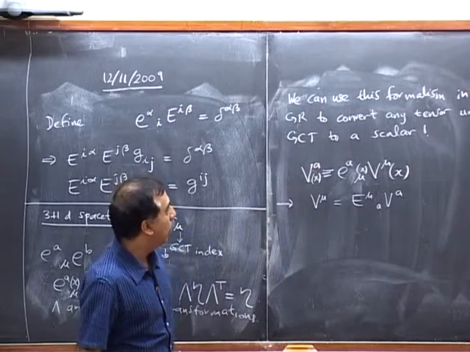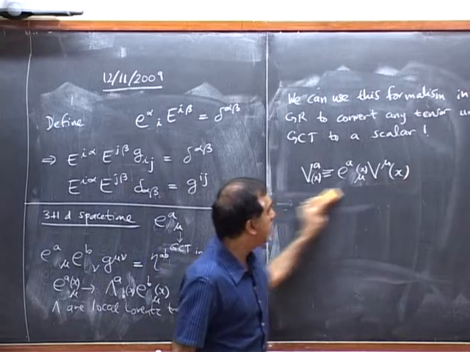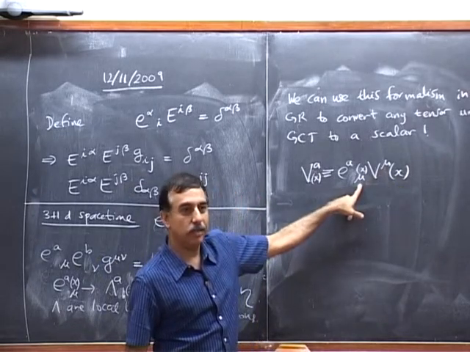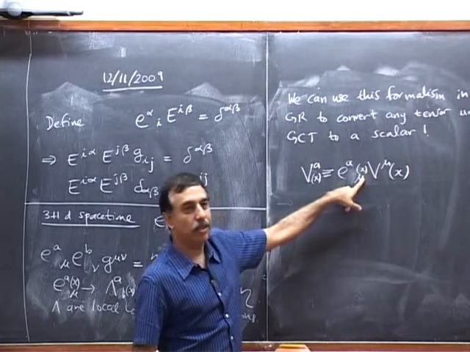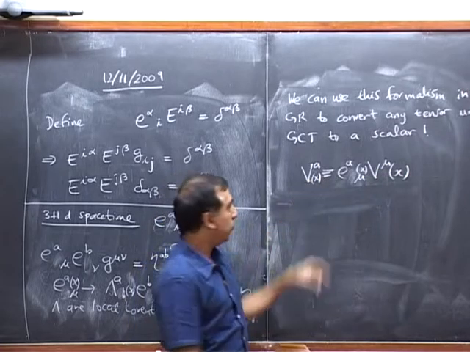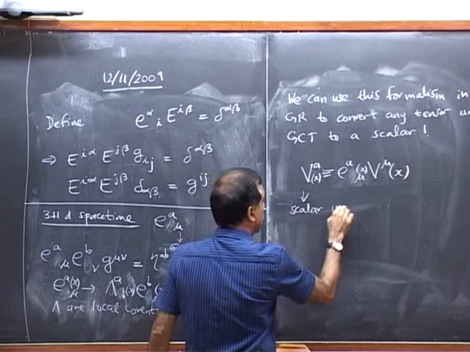Okay. What is going on? It's best to say in words. If I make a general coordinate transformation, this transforms, but this also transforms. The transformation cancels out because the mu indices are contracted. So this is invariant. So this is what I promised: scalar under general coordinate transformations.